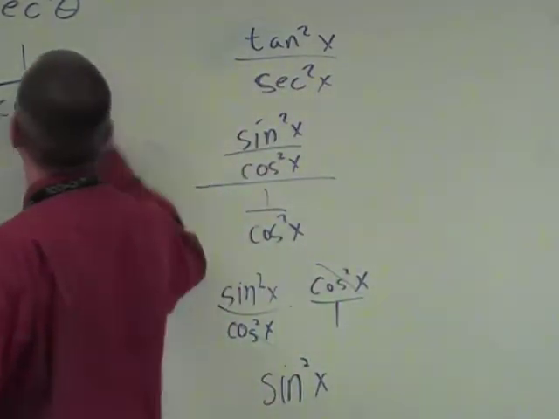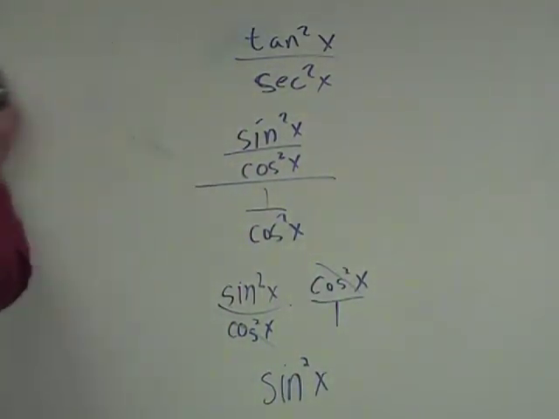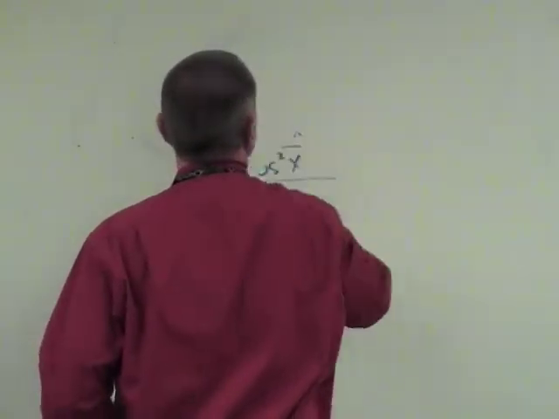Alright, now, you got kind of a clue how to do manipulating. Let's put an equal sign in here, and let's verify some things. Verifying identity. Basically, an identity means it's equal to something. Tangent of theta equals the cosine of theta.